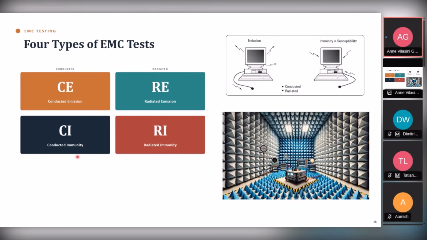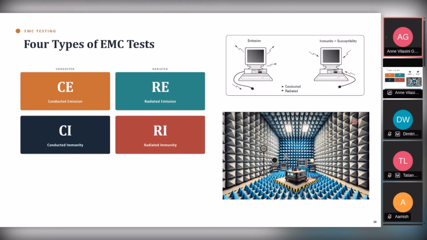And in immunity, you basically test how much noise you have to survive. So also there are two paths through which the noise travels. In the conducted noise, they travel through the cables, as you can see here. And in the radiated noise, they travel through the air. So these are the four important tests that will be performed for your device under test.